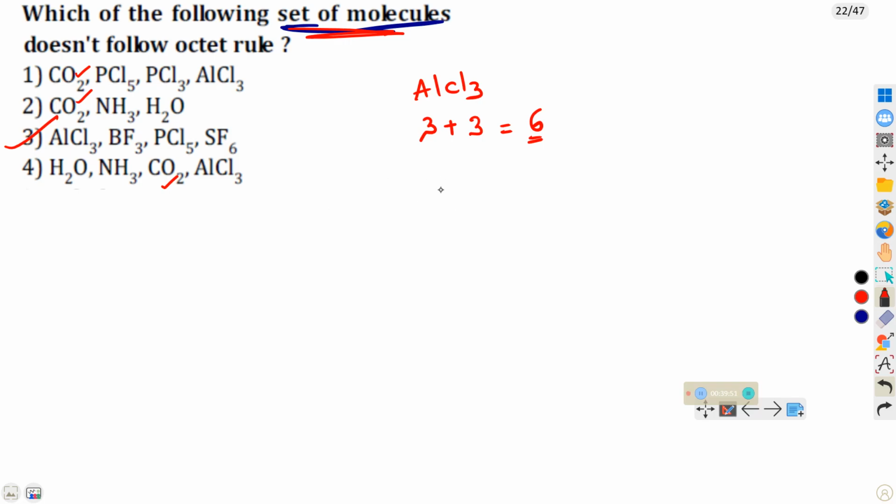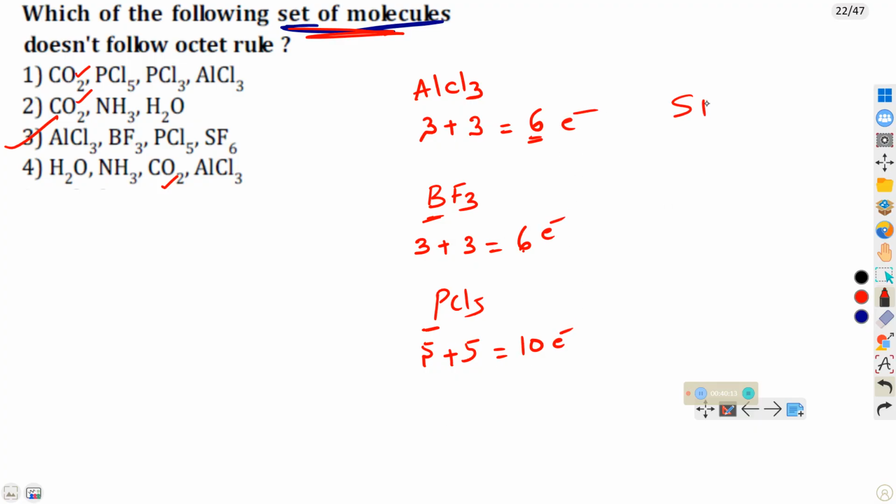Does not follow. BF3: boron group number 3, fluorine total valency 3, 3 plus 3 is equal to 6. PCl5: phosphorus group number 5, chlorine valency 1, 5 chlorines, 5, total 10 electrons. SF6: sulfur group number 6, fluorine valency 1, 6 fluorines, 6, 6 plus 6, 12 electrons.